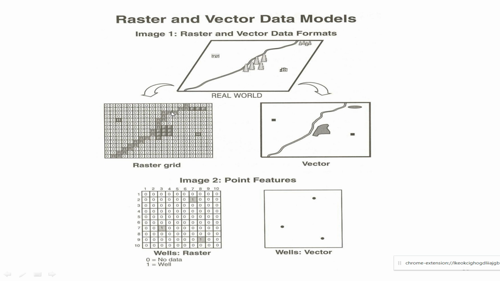See, road line R. For this office or hospital, they have assigned H, but this is the open land. And forest also FF they have assigned. And then house they have mentioned here. So like that point features, and like that raster grid cells they have assigned. So these are the raster grid.